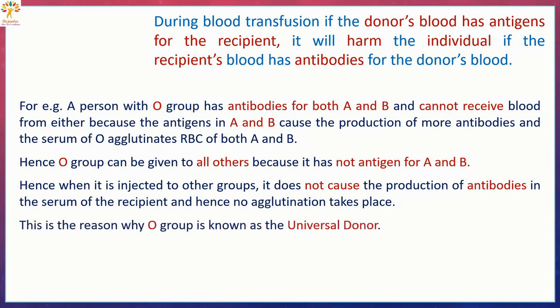This is the reason why O group is known as the universal donor, and in the same way AB group is known as the universal recipient.